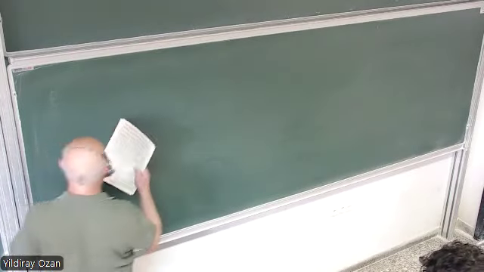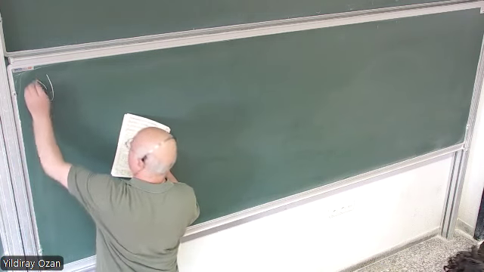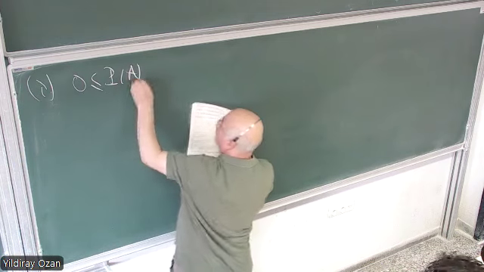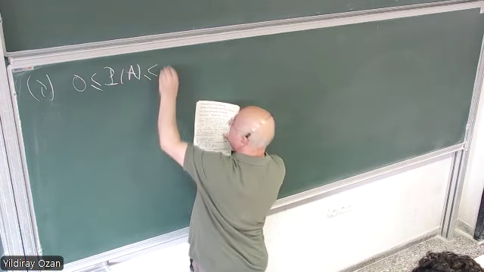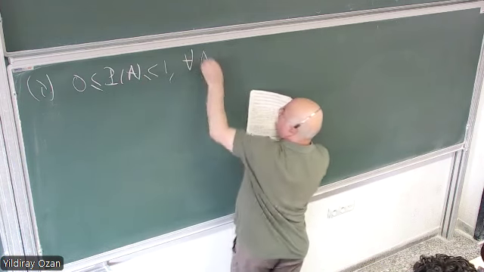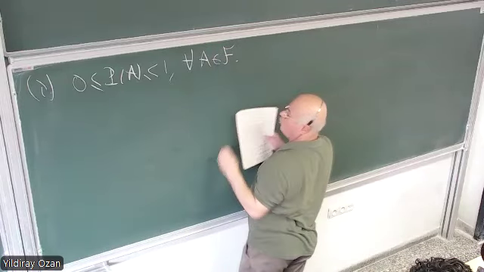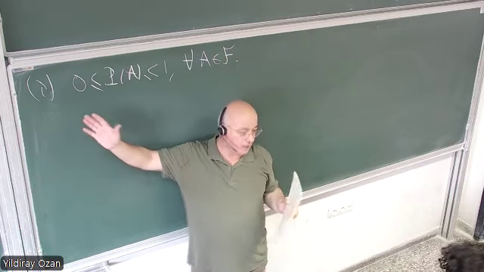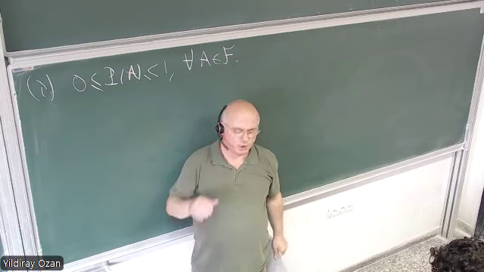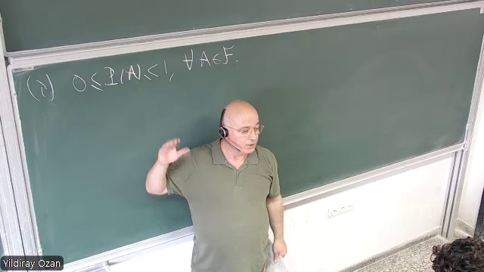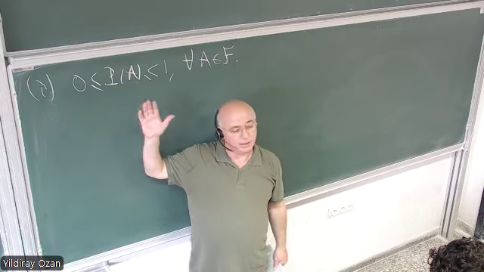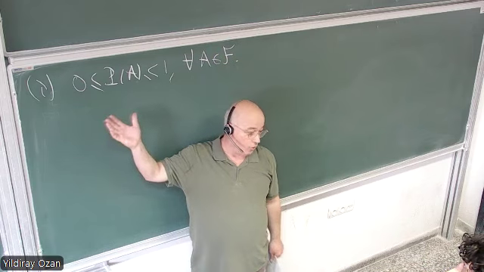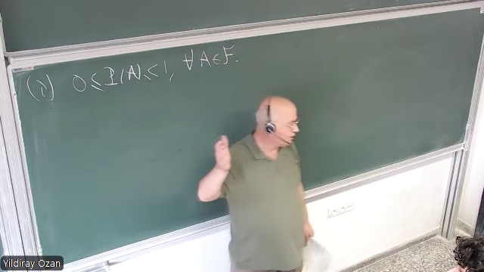Okay, let's list Kolmogorov's axioms. The first one is that the probability of any event is something between 0 and 1. 0 means that the probability that this event is going to happen is 0. But it doesn't mean that it will not happen.